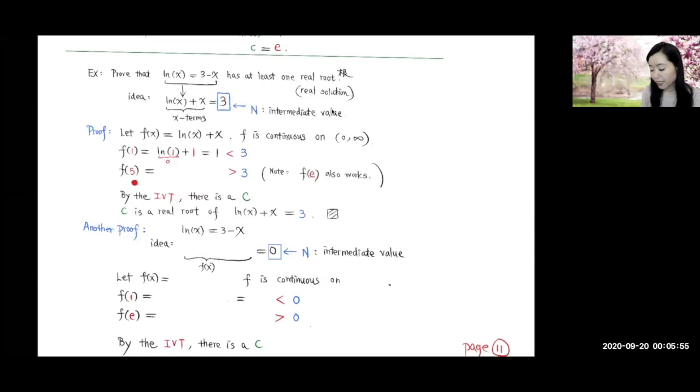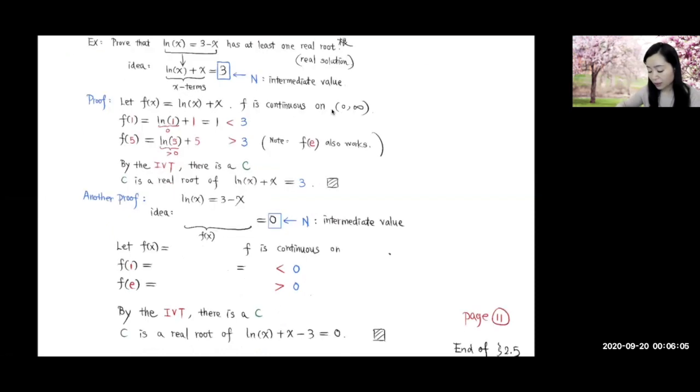F of 5 here is greater than 3. So this f of 1 is less than 3, f of 5 is greater than 3, and the function is continuous on 1 to 5, the closed interval.